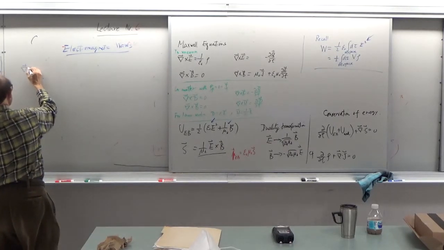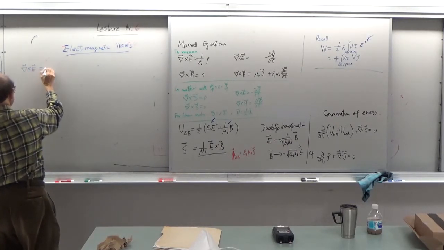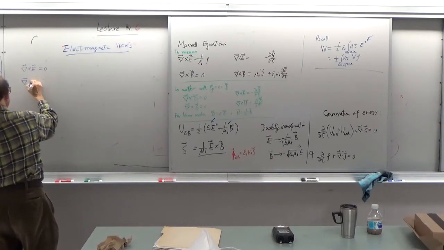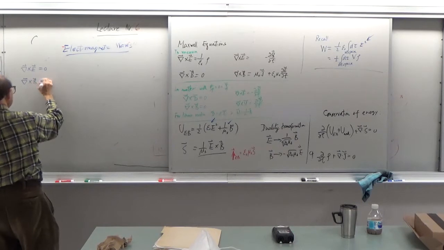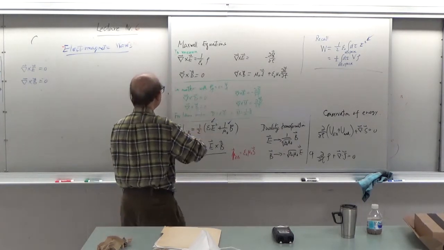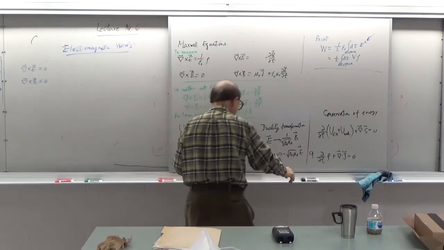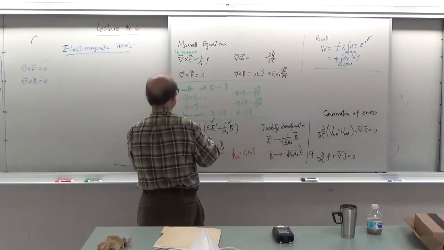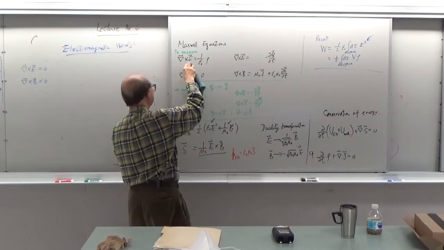curl of E is 0, so is curl of B. And, oh, I'm sorry. Wow, I didn't even realize that I wrote something completely nonsense. No, this is divergence.